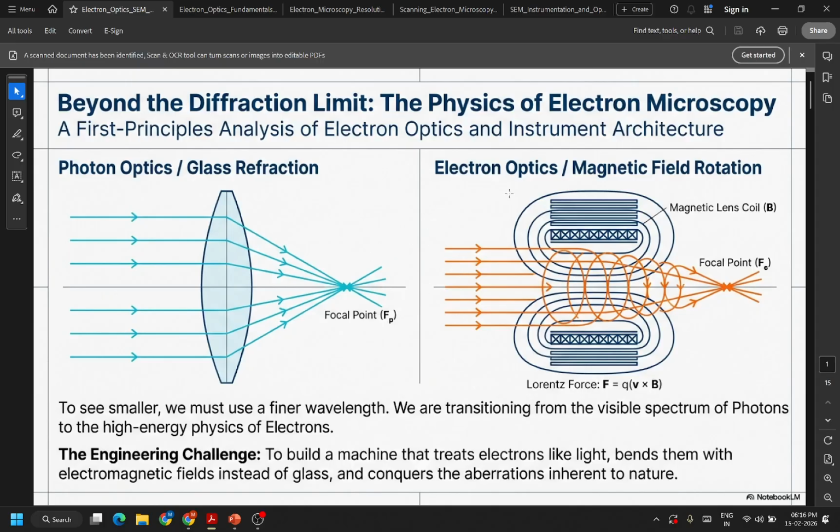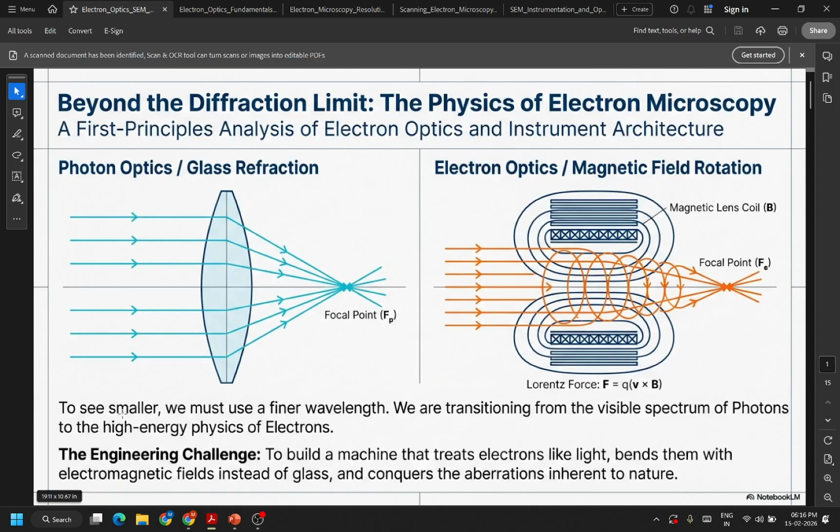But why go for electron optics? Why go for electron microscopy, and why not stay at photon optics? The main reason is the resolution in photon optics has a limit of around 100 nanometers.